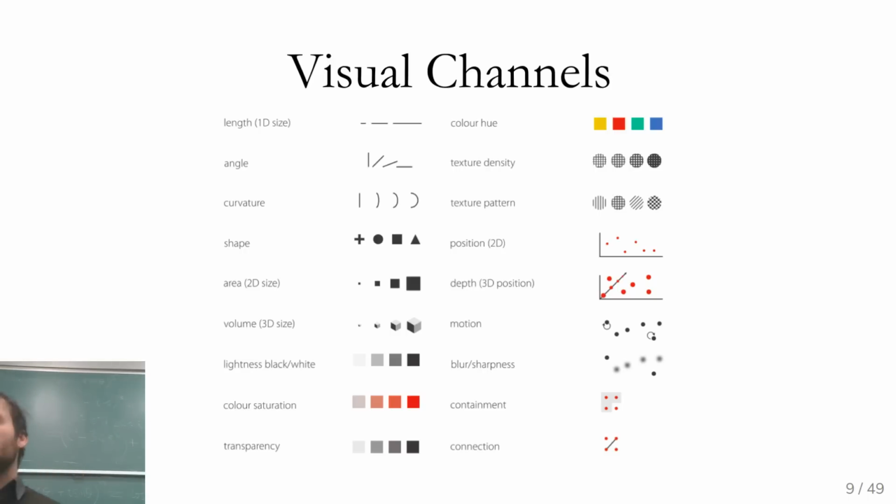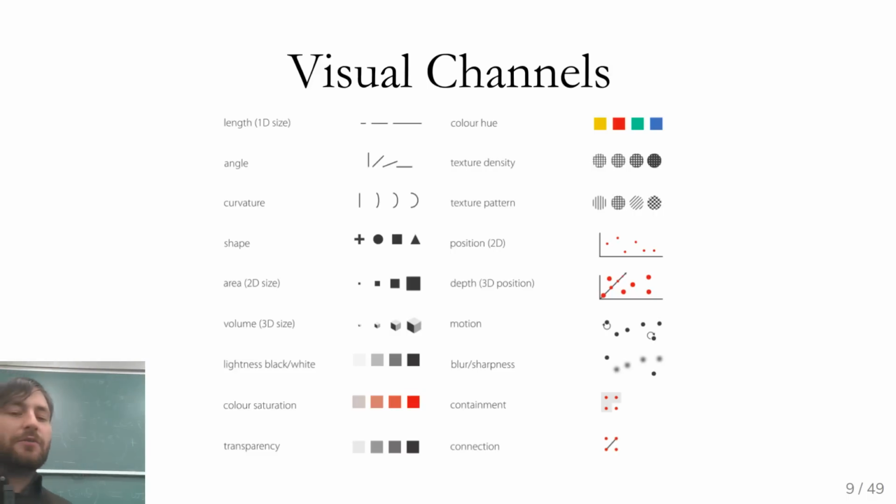So here you can see length, angle, curvature, shape, area, volume, lightness, saturation, transparency, color, texture, position, motion, blur, containment, connection. So these are a lot of them, and you don't really use most of them most of the time.